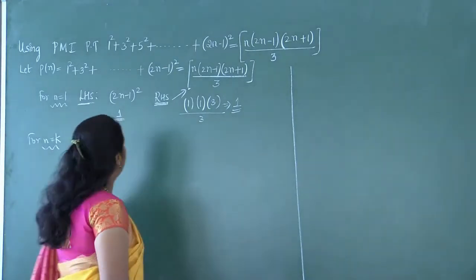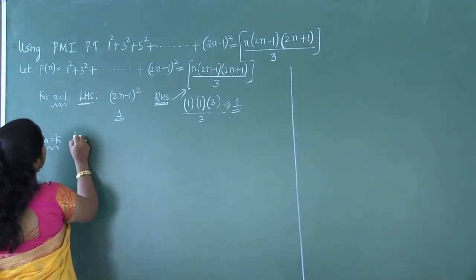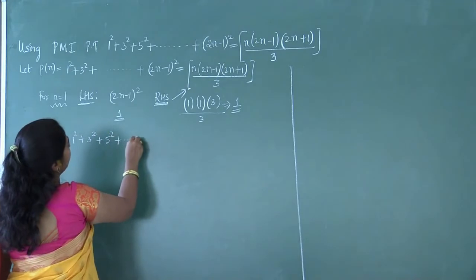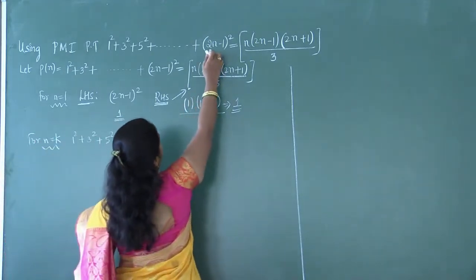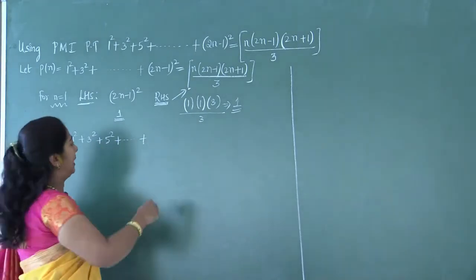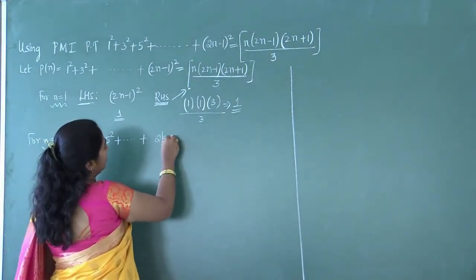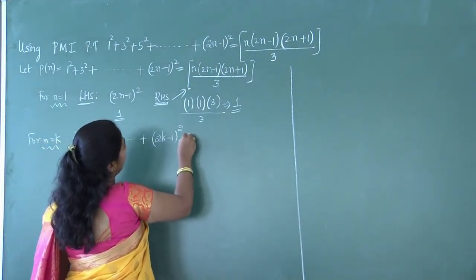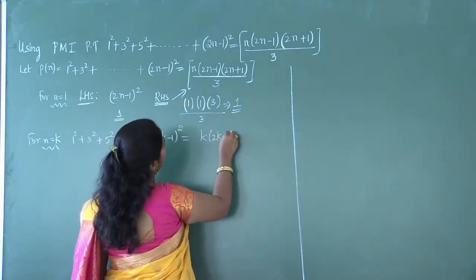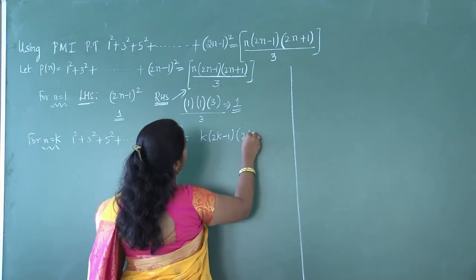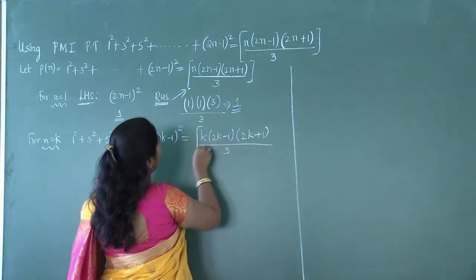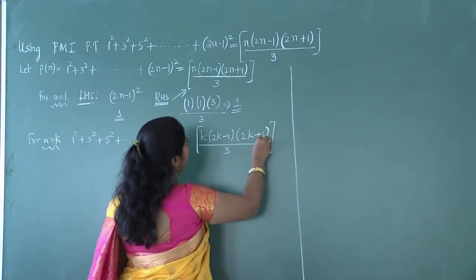K. So, the given question becomes 1 square plus 3 square plus 5 square, and so on, up to 2k minus 1 whole square, equal to k into 2k minus 1 into 2k plus 1, complete thing divided by 3.